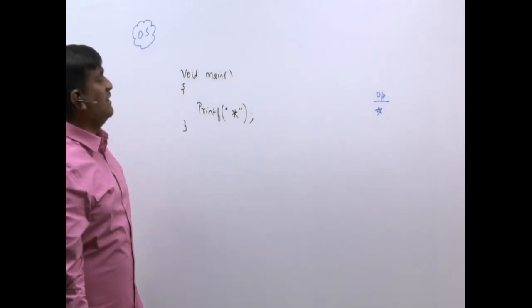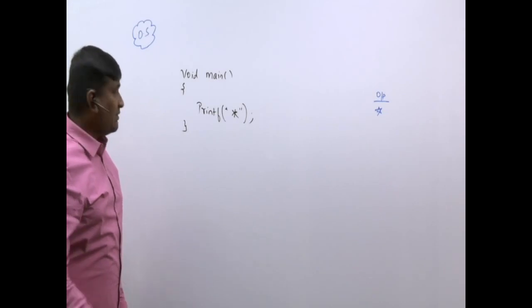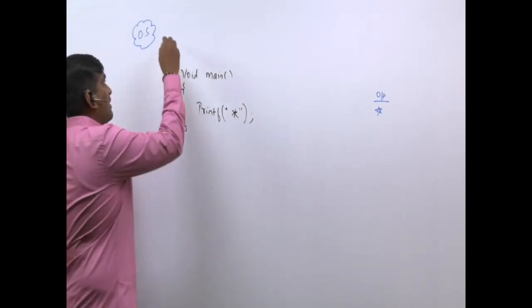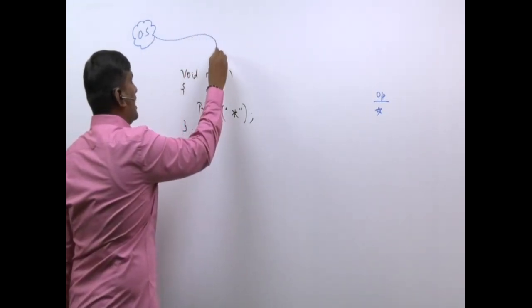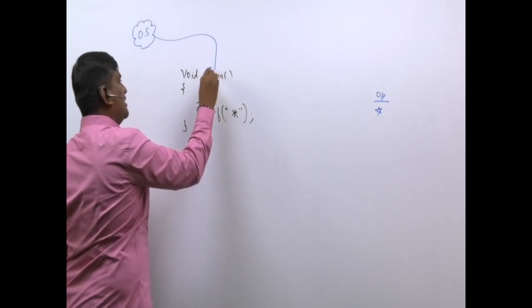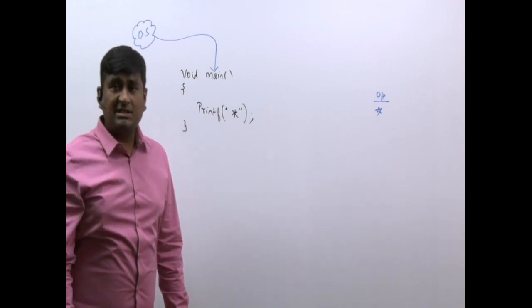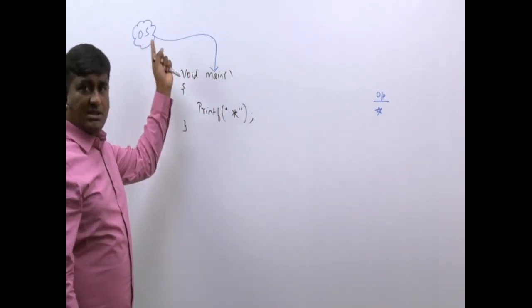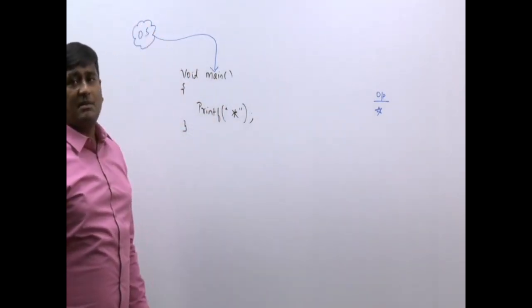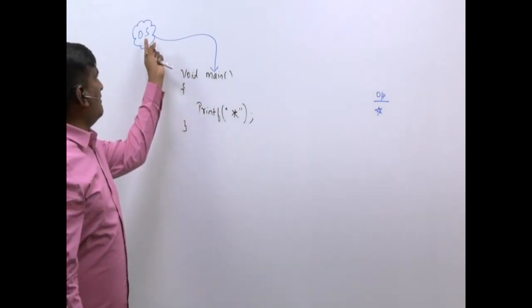Whenever you want to execute any program, the operating system will transfer control, and that control is always given to one fellow called main. Your operating system is designed in such a way that control is always given to only one fellow called what? Main. Now the control is given from the OS to main.